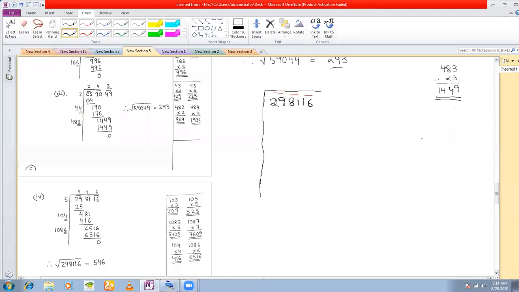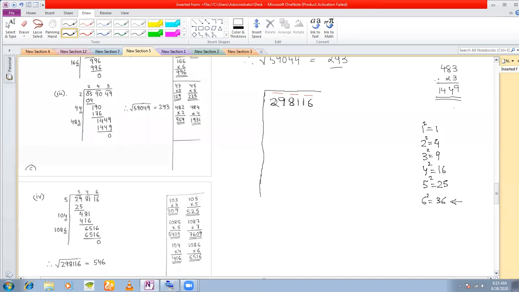First pair is 29. And the square number that is closest to 29 should be which one? 1 square is 1, 2 square is 4, 3 square is 9, 4 square is 16, 5 square is 25, 6 square is 36.